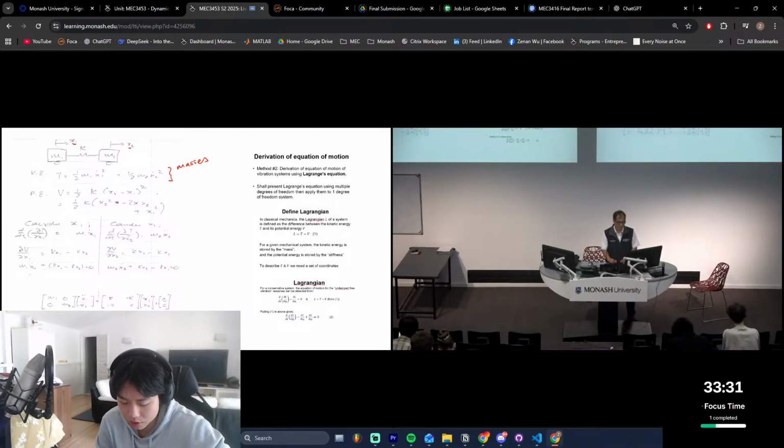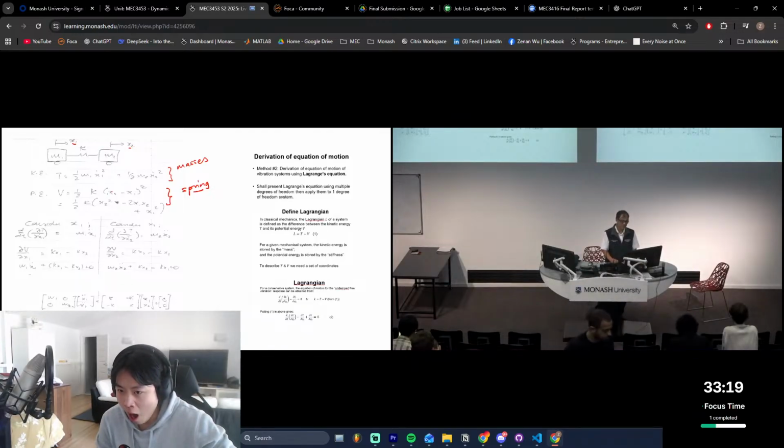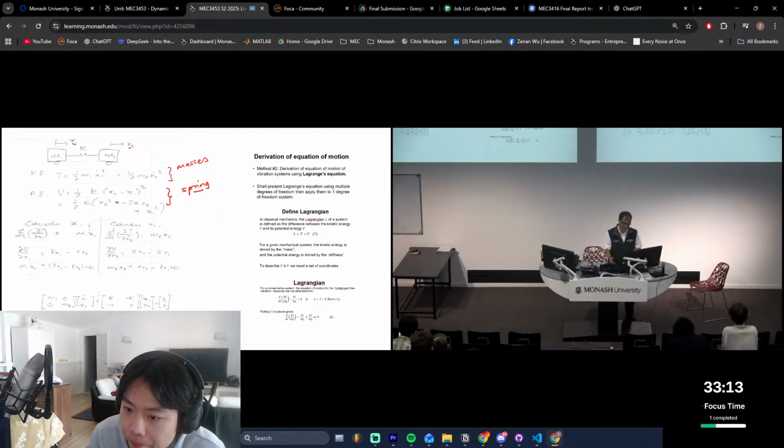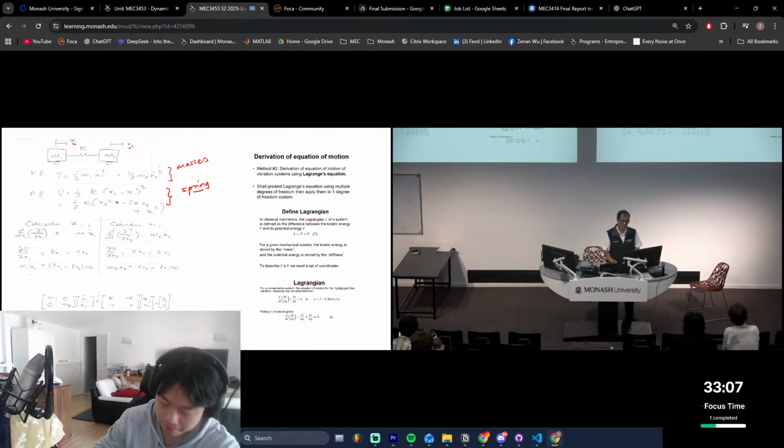As far as potential energy is concerned, the potential energy is stored by the springs. Now, if you look at the way that you have chosen to represent the motion of these two cars, surely the stretch of this spring must be equal to x2 minus x1, or x1 minus x2. Doesn't matter which way you choose, because you're squaring it. Okay, so you expand it. So now I have my kinetic energy and my potential energy.